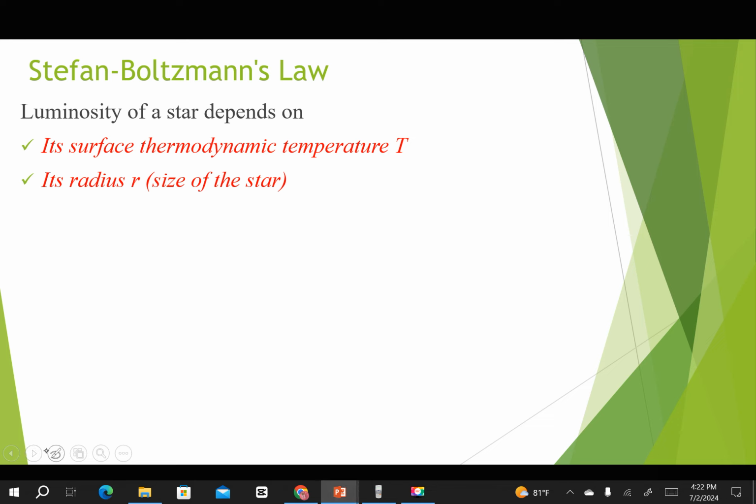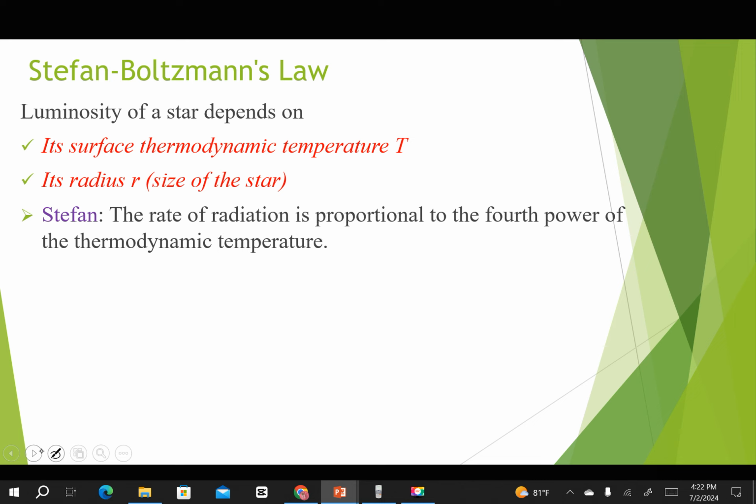So these two people combined their findings to come up with what we today call Stefan Boltzmann's law. I said Joseph Stefan was concerned with the relationship between the luminosity and the surface temperature. His findings show that the rate of radiation, which is the power, which is the luminosity, was proportional to the fourth power of the thermodynamic temperature. In other words, the total radiant power emitted was directly proportional to the fourth power of the absolute temperature.